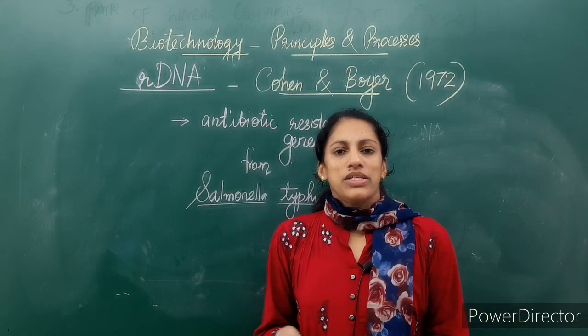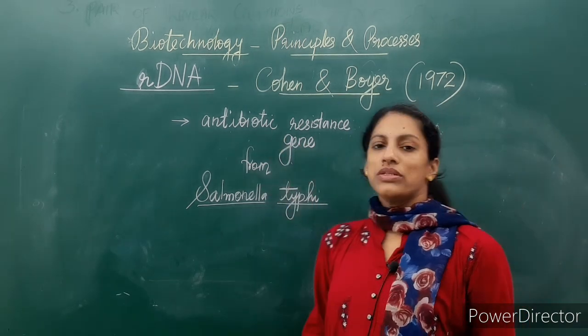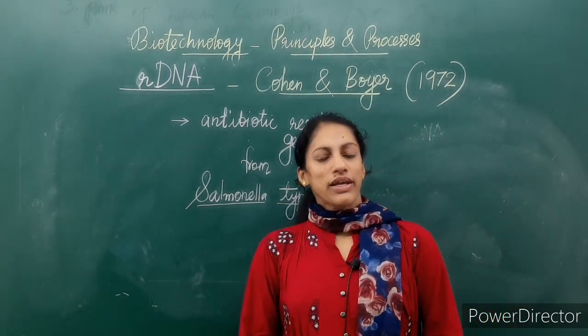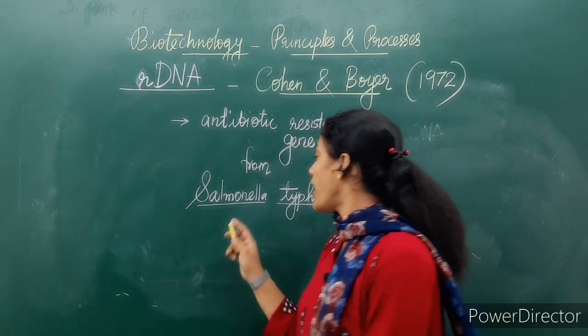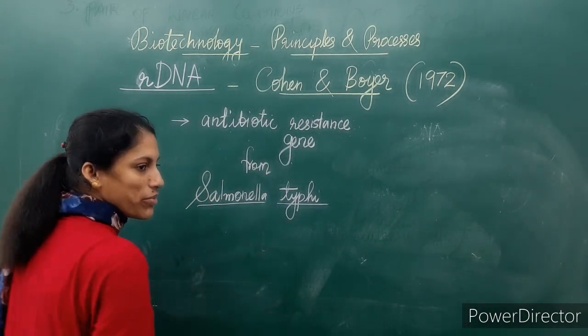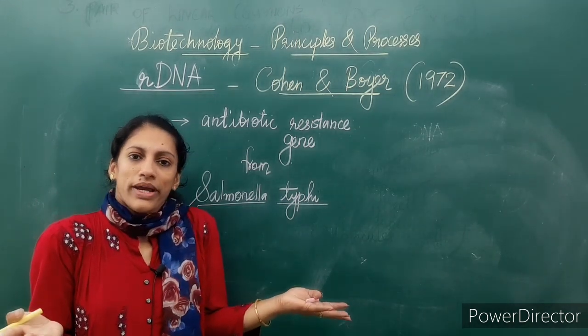Then how did this become possible? How could they cut the DNA from this particular Salmonella typhi? It is with the help of certain enzymes, not with any scissors or scalpels or micro scalpel.